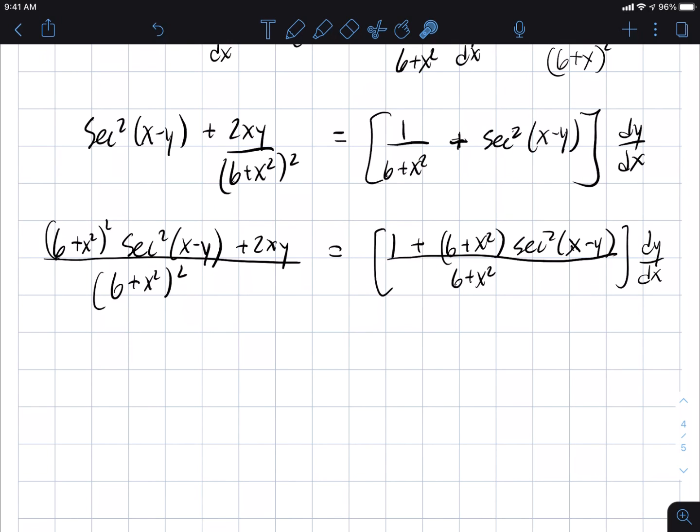Do you agree, or do I need to show it? So this is going to flip when I bring it to the other side, right? To multiply? Yes.